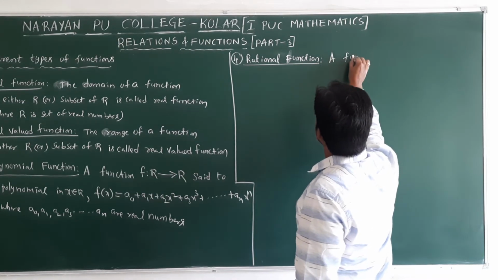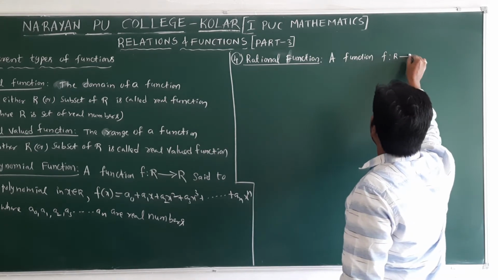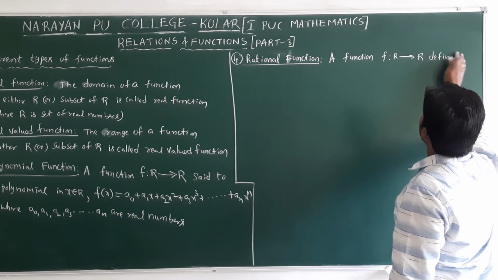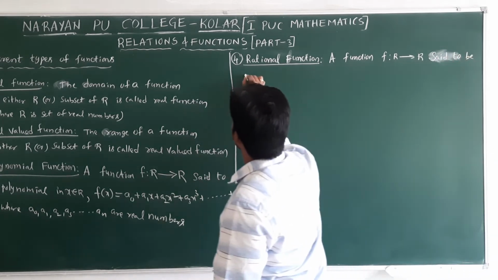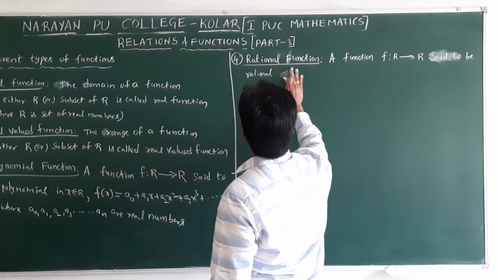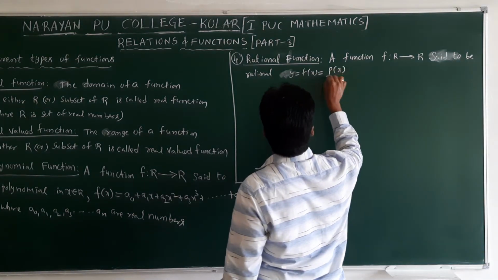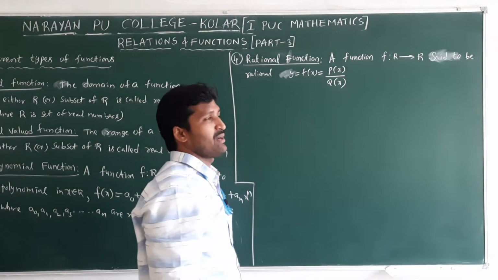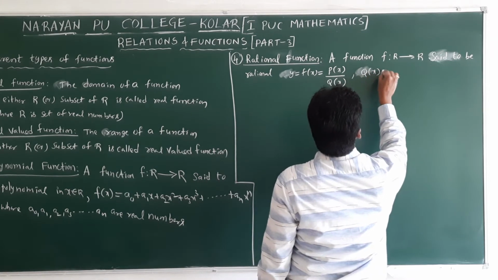A function f maps R to R said to be rational if y equal to f of x is in the form of p of x by q of x. It's in the form of what? P of x by q of x, where q of x clearly is not equal to 0.